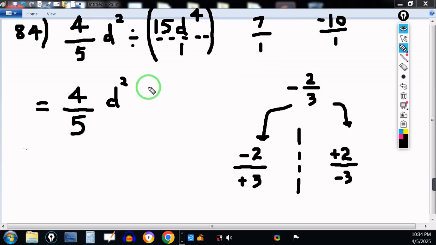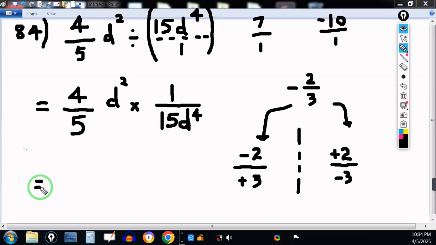Now, we are going to change this to times. Very easy. 15 d to the power of 4 is turned upside down, which will be 1 over 15 d to the power of 4. No need for the brackets. And then here, cannot cancel the 5 and 15 because they are downstairs. 4 times 1 is 4 upstairs. Downstairs, 15 times 5 is 75.